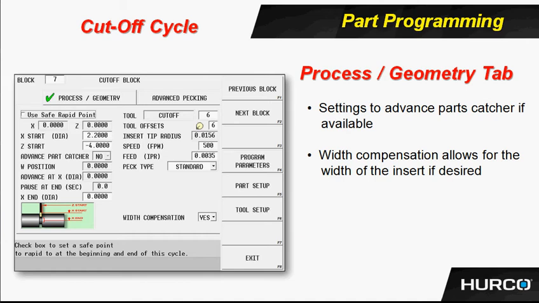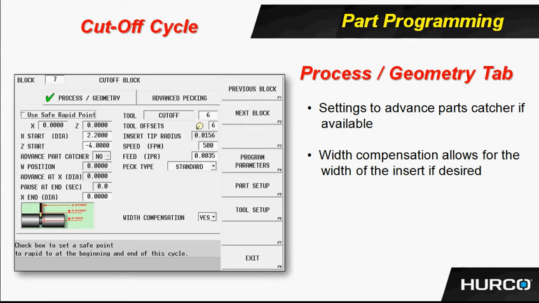If you have a parts catcher available on your machine, then you can advance the parts catcher by answering yes here. Then it gives you the ability to put the diameter at which time you want the parts catcher to advance. This would mean if I'm cutting off a very large 3-inch part, for example, I don't want the parts catcher to advance at 3 inches because I'm going to cut all of that material.